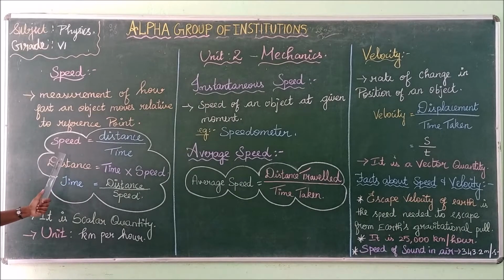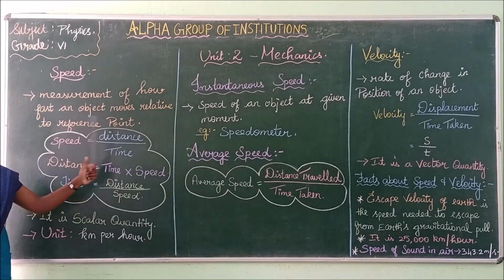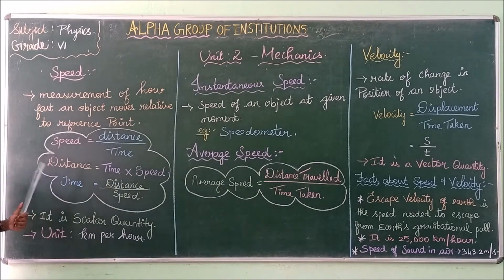The unit of speed is kilometer per hour. The unit of distance is kilometer, unit of time is hour. So the unit of speed is kilometer per hour. The formula to calculate distance is time into speed, and the formula to calculate time is distance by speed.